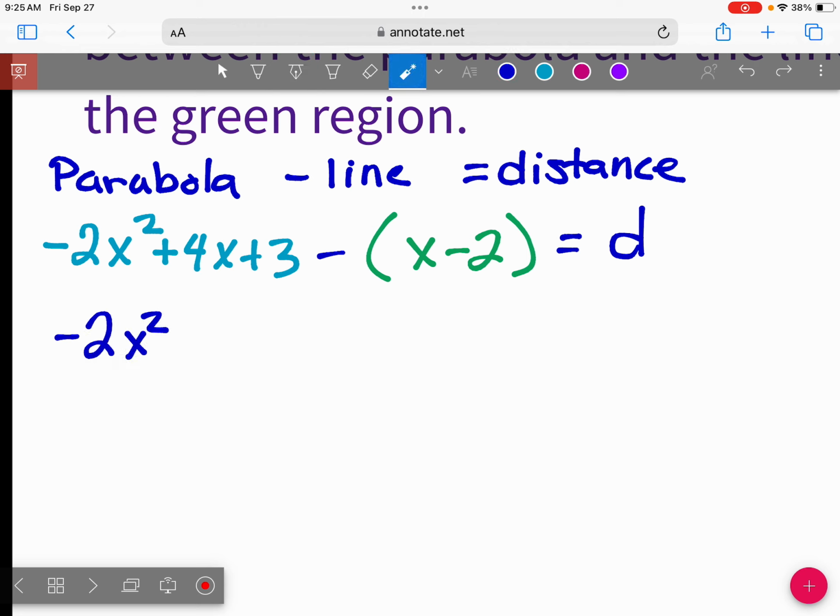I've got a positive 4x, and we're subtracting x. So we're going to have plus 3x, and then we're going to have 3 minus negative 2, positive 5. And that's going to equal that distance.